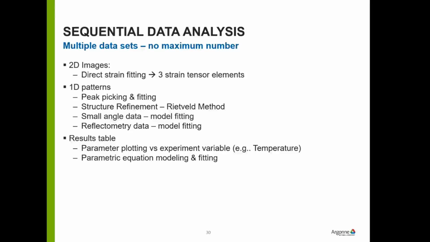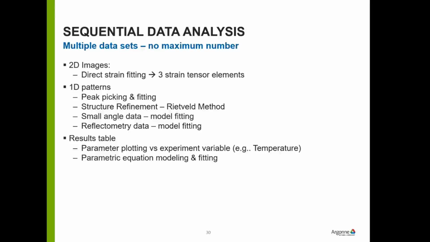So if you've got something which you have stretched and pulled on or done something like that in situ and taken a series of snapshots as you did this to it, then you can pull out what happens to the strain tensor.